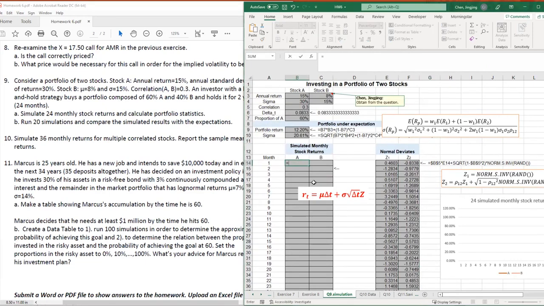Return will follow this process. We will adjust these random numbers that follow a normal distribution such that they have a mean equal to this mu and a standard deviation equal to this sigma.